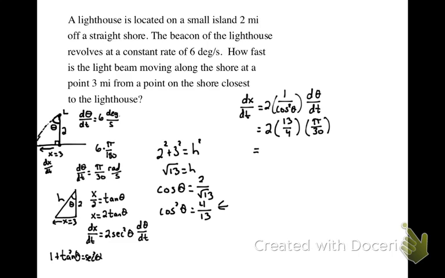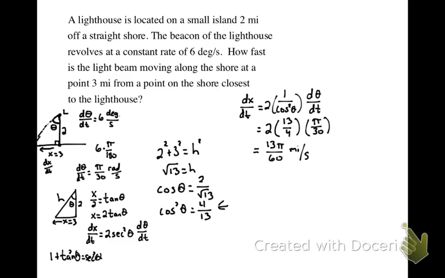This means that dx dt must equal 13 pi over 60. And what are the units on this? They're miles per second. And make sure you see why. If you're not sure why, notice that our cosine has to be in miles because the 2 was in miles and so is the 3.